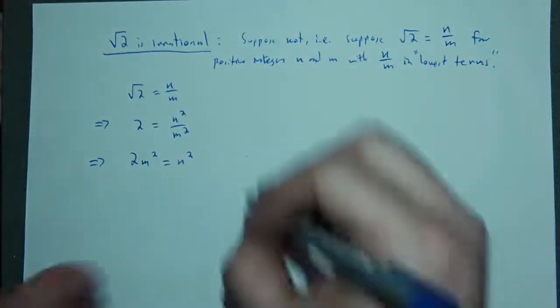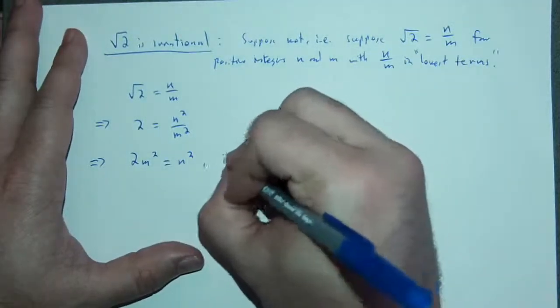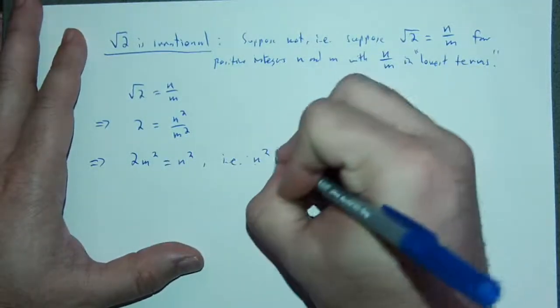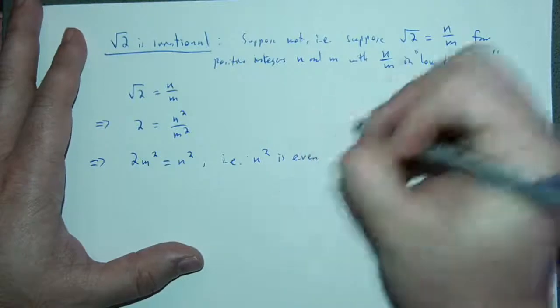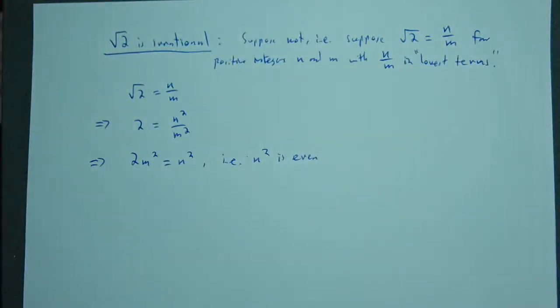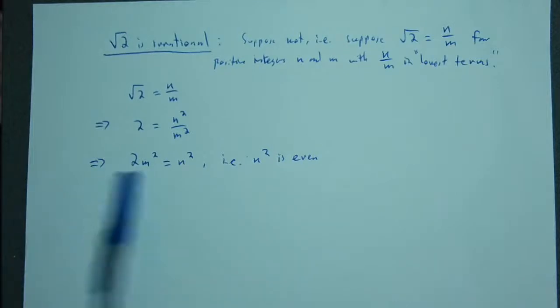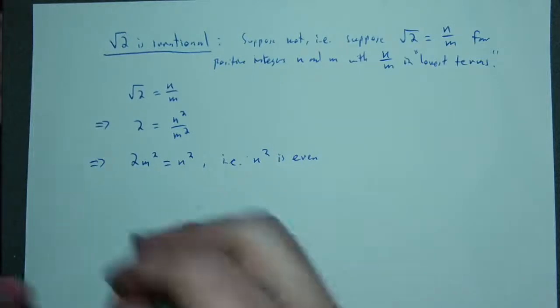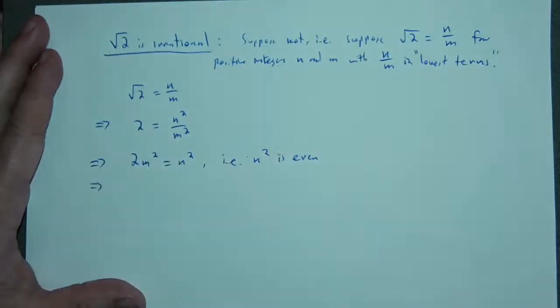What this says is that n squared is even. N squared is even because I've written it as 2 times something, and 2 times something is always even, because m is a positive integer. So this is 2 times a positive integer. But if n squared is even, then n has to be even.